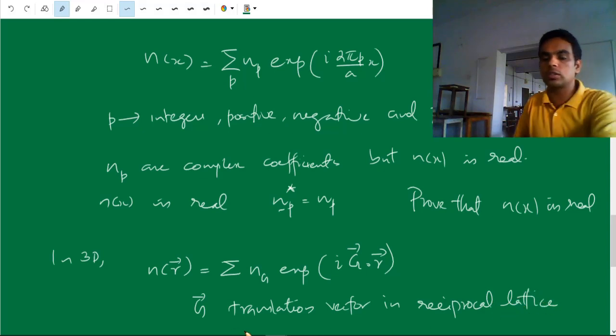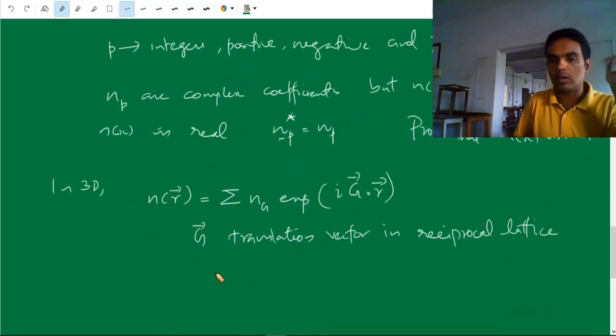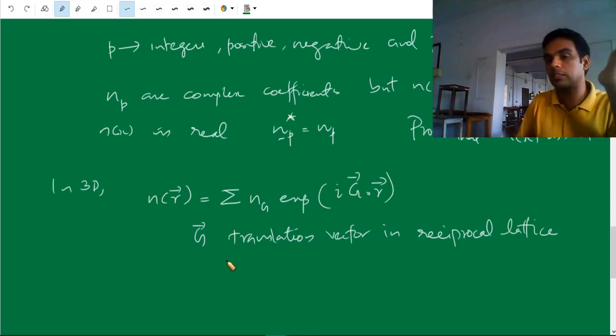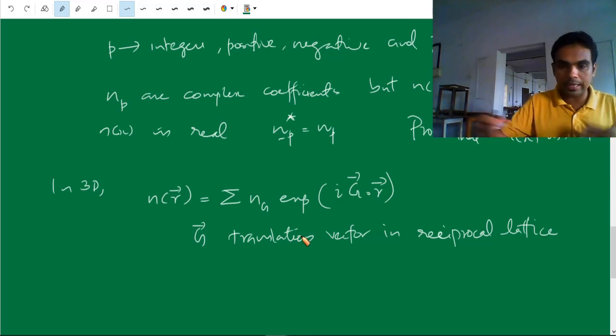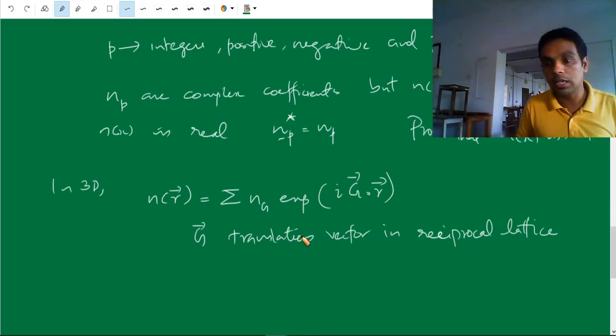It is analogous to the translation vector T in the real lattice. Reciprocal lattice means that in this lattice, the dimension of each axis is proportional to the reciprocal of the dimension of the real lattice. Here 2 pi p by a, so this 1 by a is why it is called a reciprocal lattice.